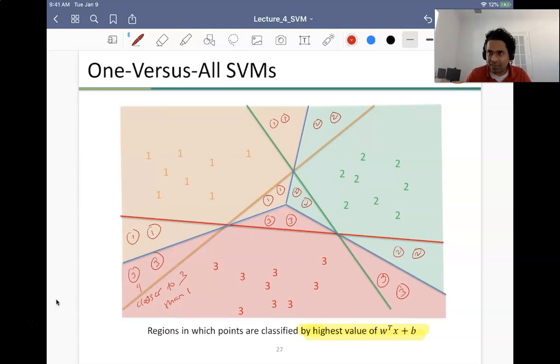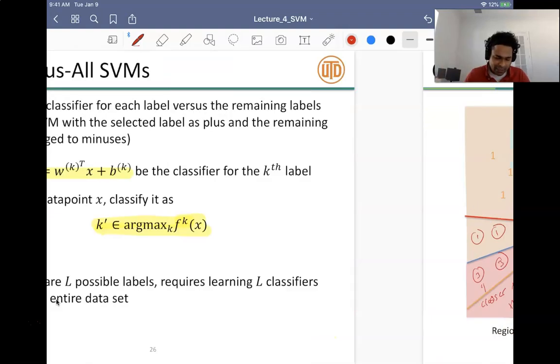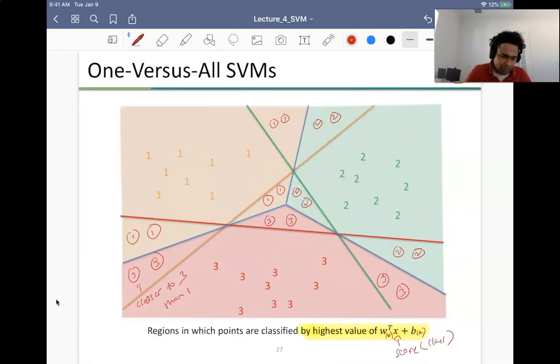And this is what is done in practice. In practice, you don't use the output of the classifier, but you take the highest value of W transpose x plus b, which is also called the score. There's a score for each class, because you recall, for each k, I have a W_k and a b_k.